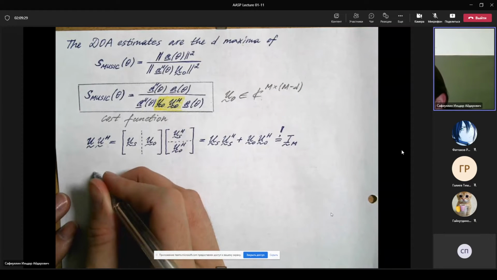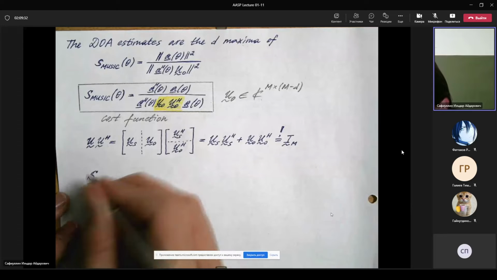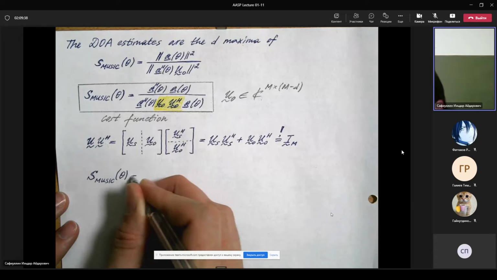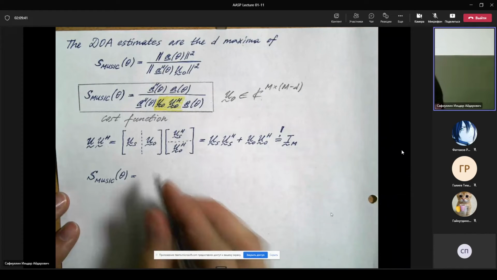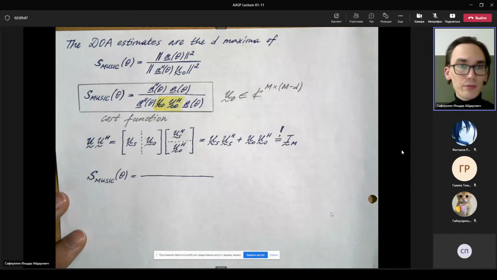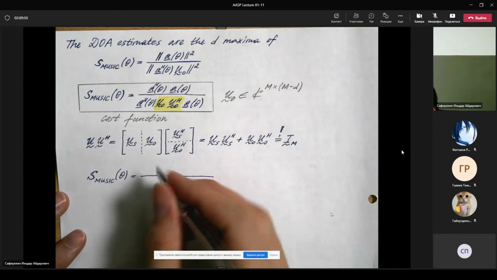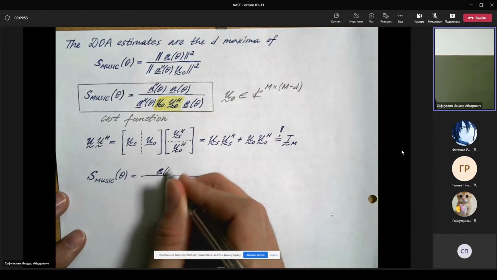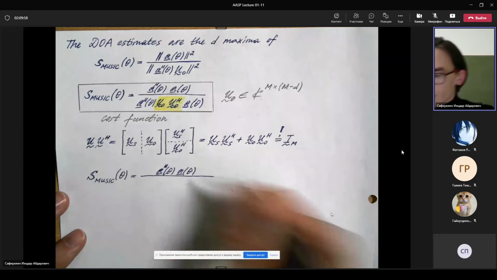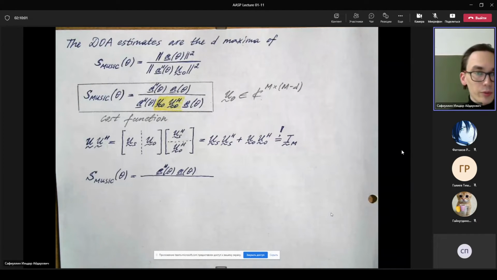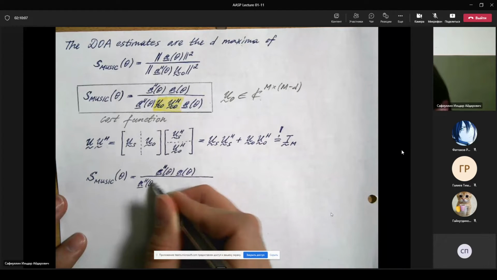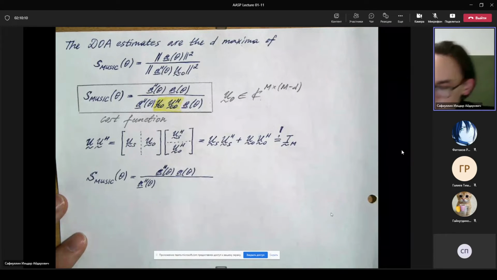What we'll have in this case? So it is S subscript MUSIC of theta is equal to a fraction. In the numerator, it is the same A Hermitian times A, so A of theta Hermitian times A of theta. And below in the denominator, we will have first A Hermitian, which depends on theta.